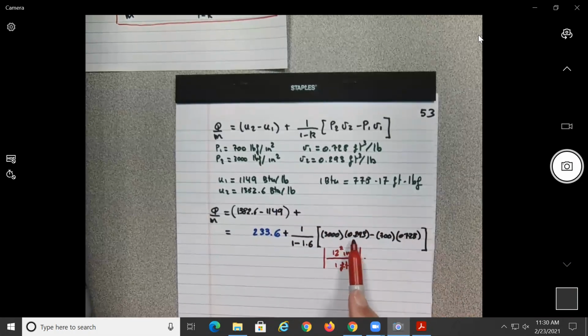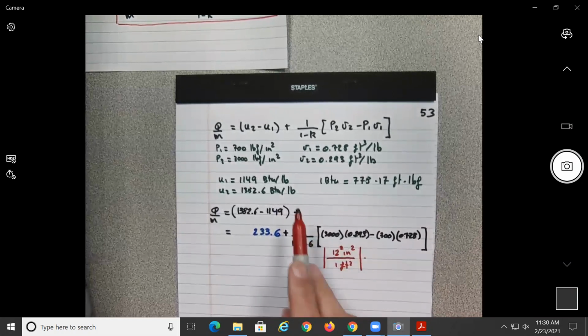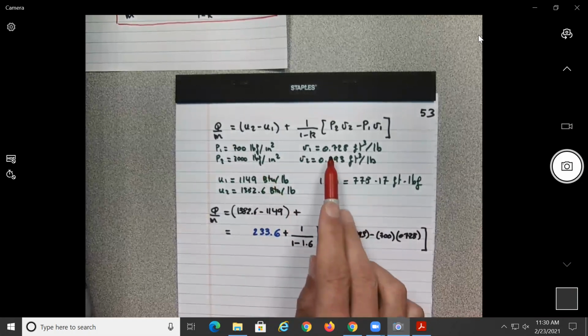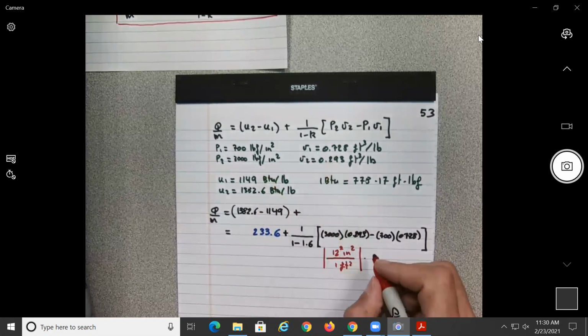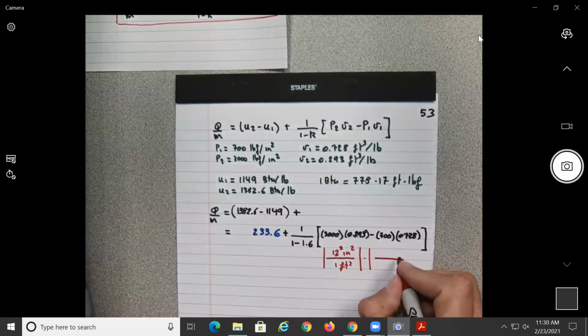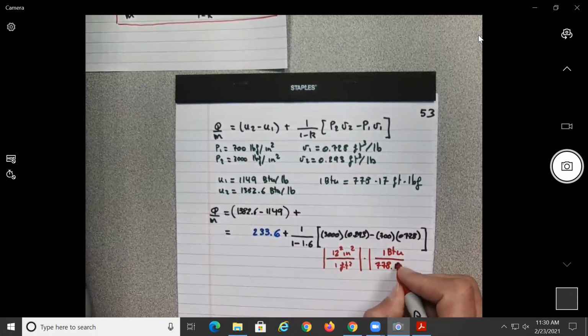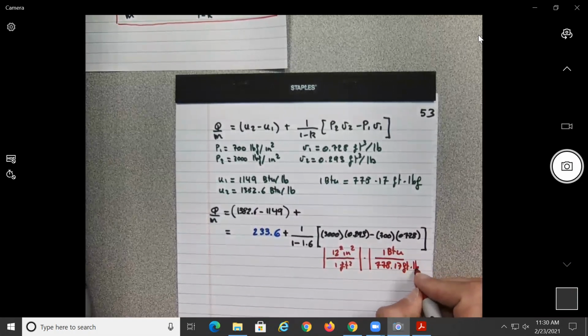So if you remember, the pressure would be LBF divided by foot square times foot cube, no? Yeah? So this will give us times 1 BTU divided by the 778.17 foot LBF.